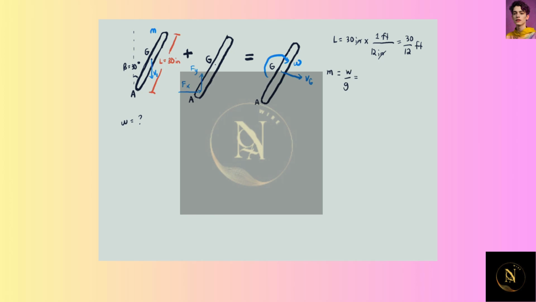The weight given is 5 pounds divided by g, which is 32.2 feet per second squared. So this is equal to 0.1553 pound second squared per feet.